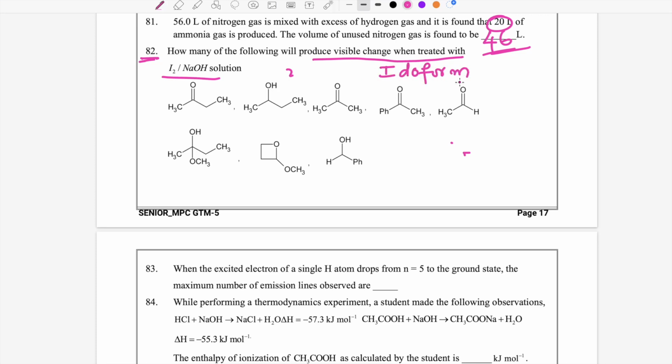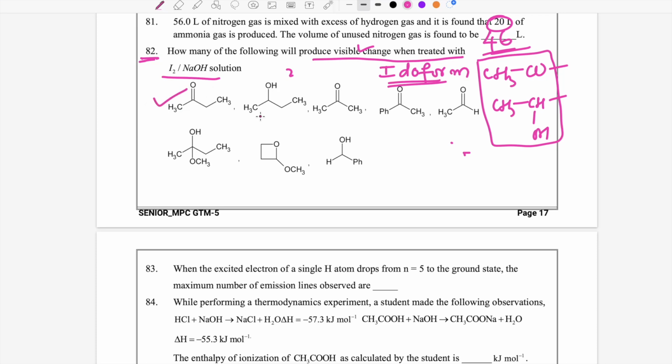In the iodoform test, yellow colored crystals are formed. That is the visible change. For the iodoform test we need a CH3CO group, or a CH3CHOH group is also required. Any one of these two groups gives us the iodoform test. So the first one is yes. The second one is like isopropyl alcohol, a secondary alcohol, so it will also give it. And acetone obviously gives it.